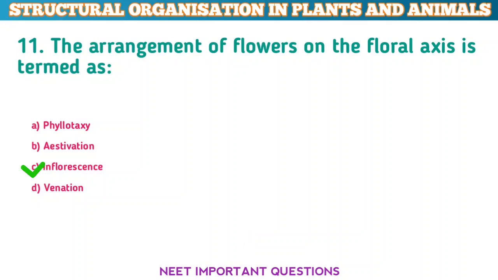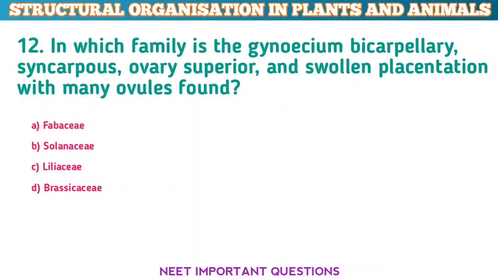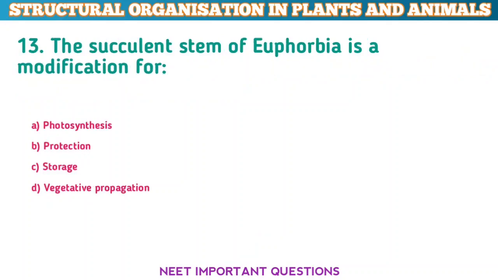C. Inflorescence. 12. In which family is the gynoecium bicarpellary, syncarpous, ovary superior, and swollen placentation with many ovules found? Answer. B. Solanaceae. 13. The succulent stem of Euphorbia is a modification for.